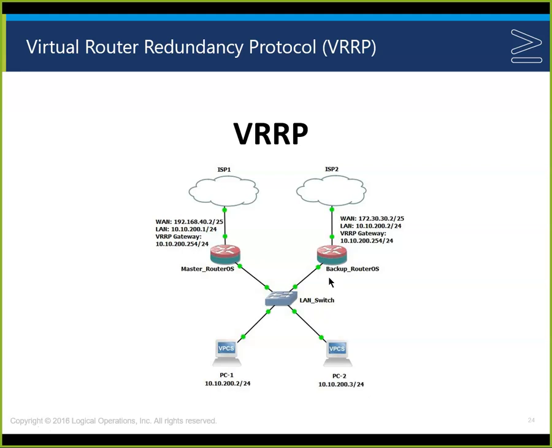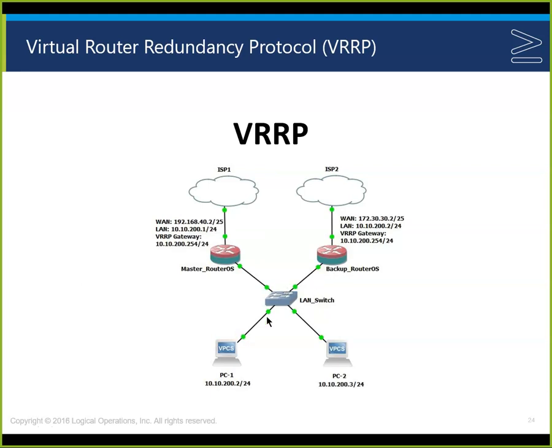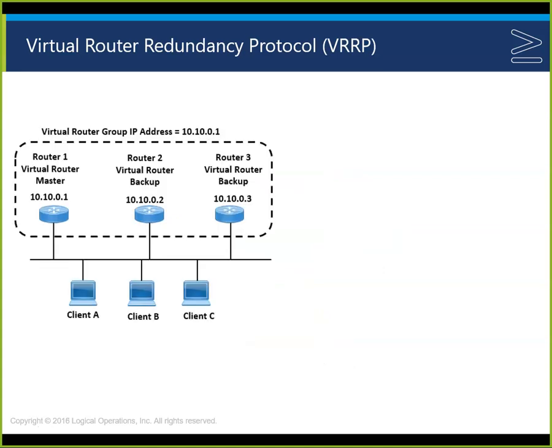We can have multiple routers configured as backup routers in VRRP. It's the same concept, just a standard instead of the Cisco proprietary. This is another one of those where Cisco has a better idea, and then everybody else says, hey, that's a good idea, let's go create a standard for this.